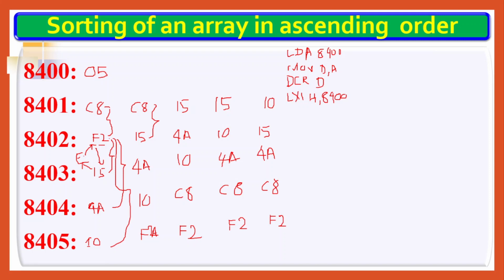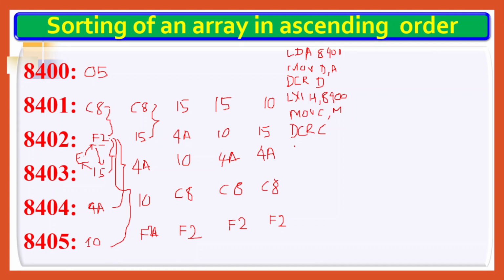That's why we are initializing the HL pair again with 8400. Take some other register. Here I used the D register, so now I am going to use the C register: MOV C, M. The number of comparisons within a set is also n minus 1, 4 comparisons only, so decrement once: DCR C. Now we have initialized two counts and both are decremented once to justify n minus 1 comparisons.